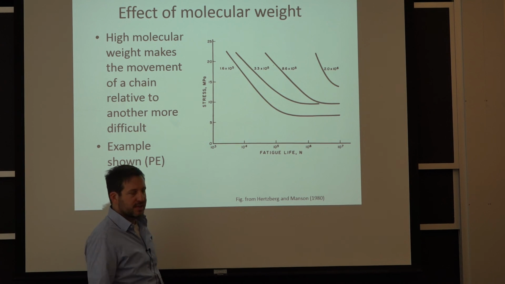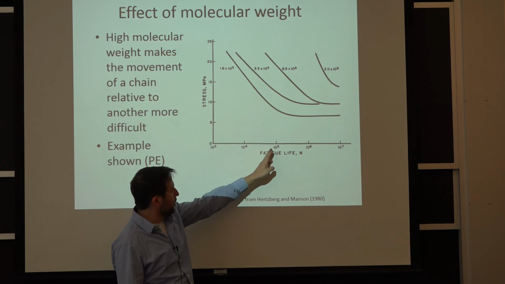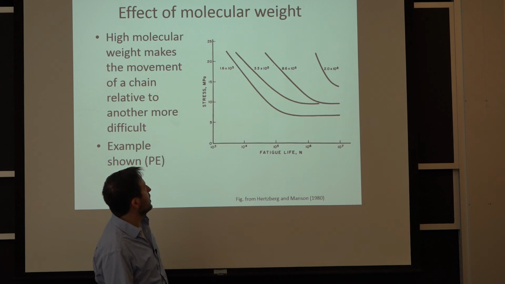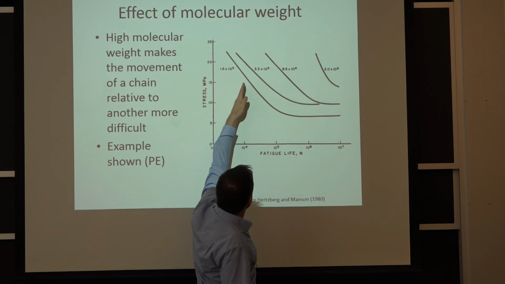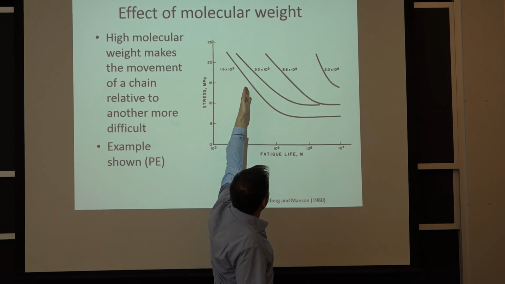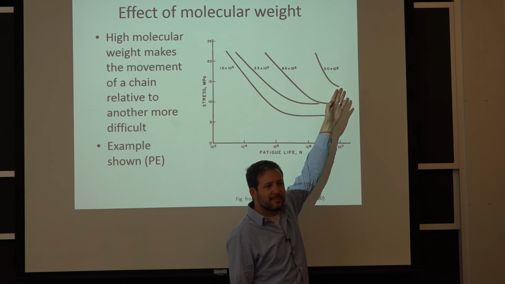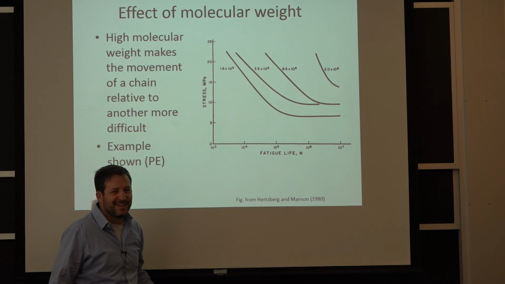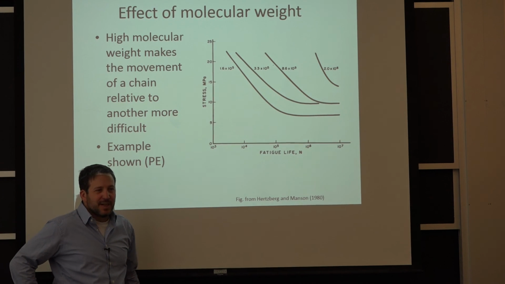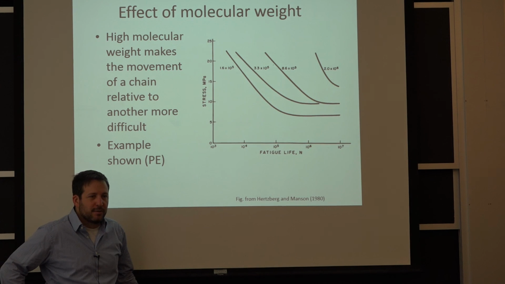So it's just all cycling, and looking at the number of cycles that causes the failures. So let's say with 15 megapascal, you can see here it's 10 to the 4 or 10 to the 7. Isn't that nice? One lasts 1,000 times longer than the other, and it's just because of molecular weight.